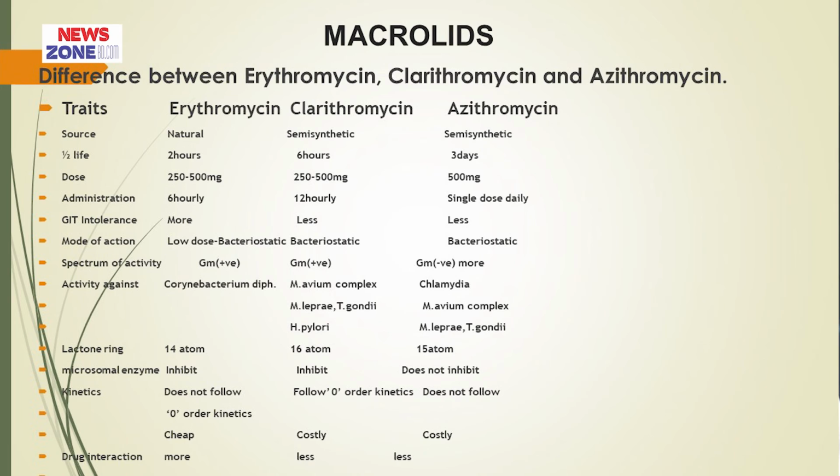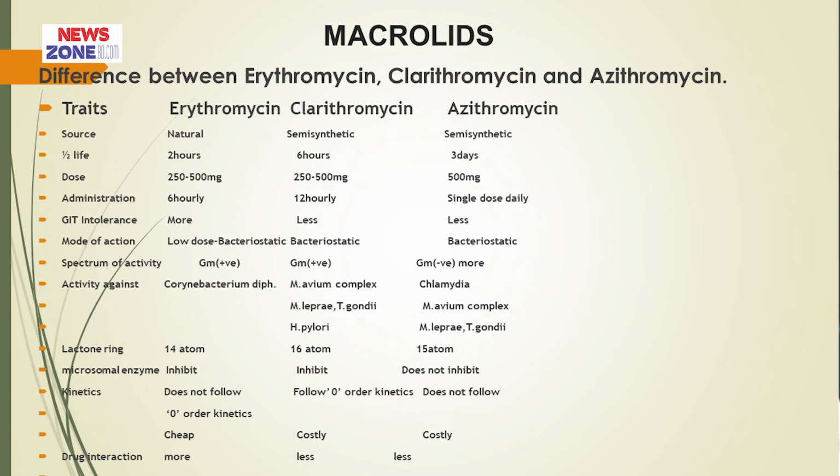Clarithromycin has more activity against Mycobacterium avium complex, Mycobacterium leprae, Toxoplasma gondii and Helicobacter pylori. Azithromycin has activity against chlamydia infection, Mycobacterium avium complex, Mycobacterium leprae and Toxoplasma gondii.